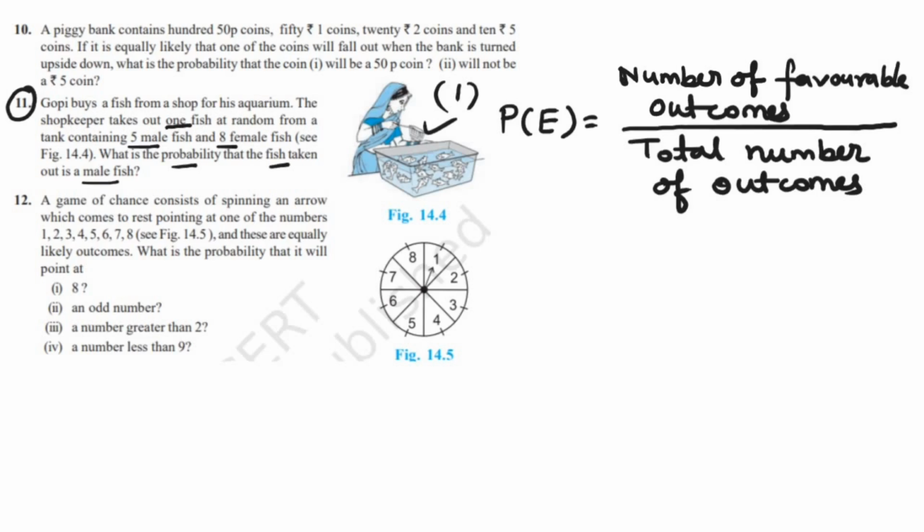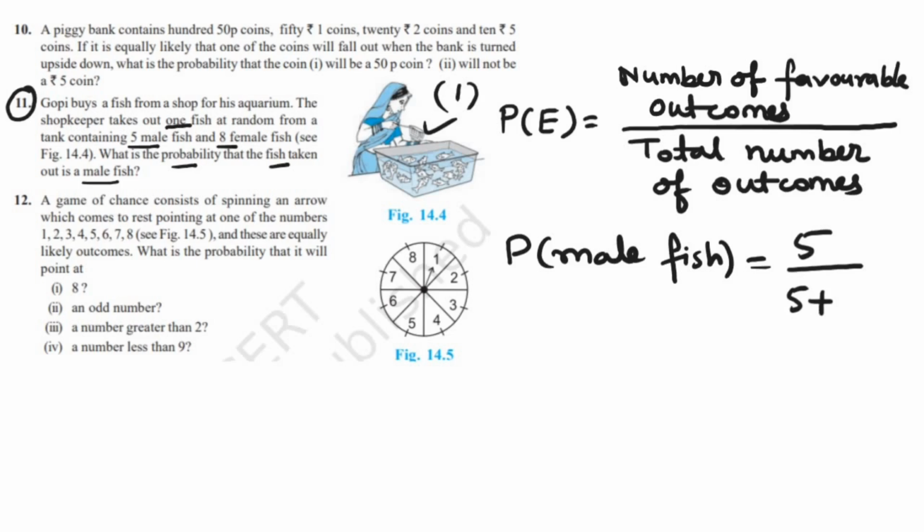So once again we should write the formula first, and then we should answer the probability of getting a male fish out of fishing for the aquarium. So there are 5 male fishes and 8 female fishes. So probability of getting a male fish is 5 out of 13. This, when we convert to decimal form, will be a number less than 1, or something that lies between 0 and 1.